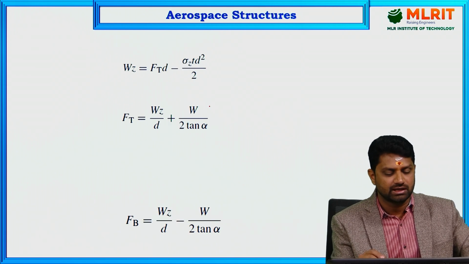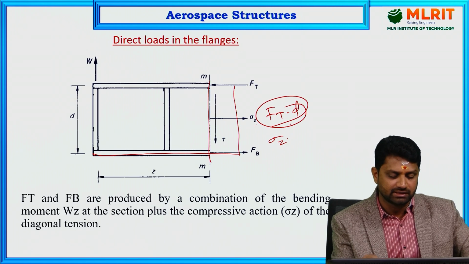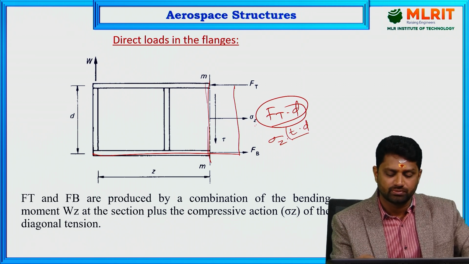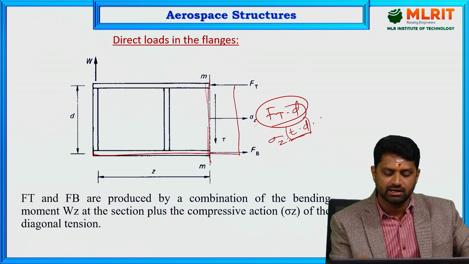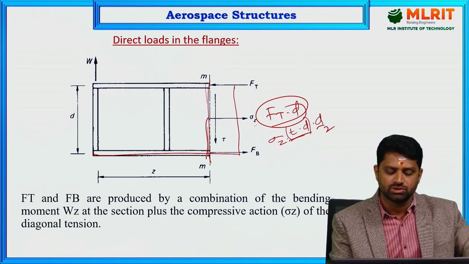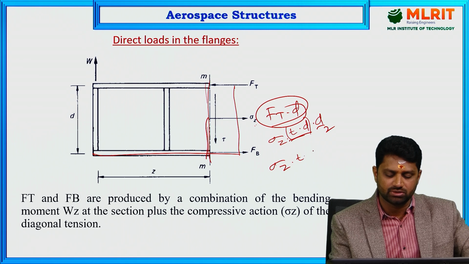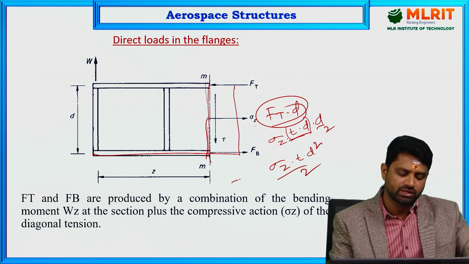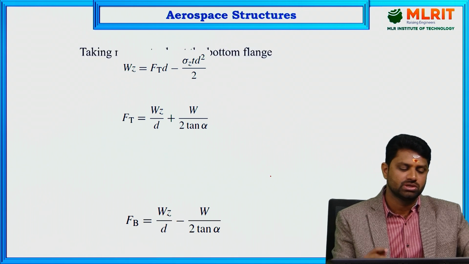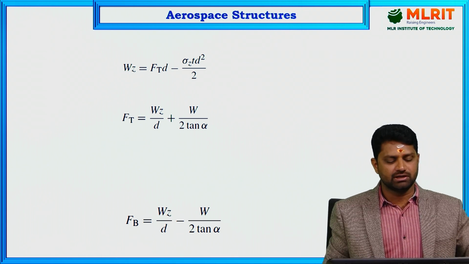So consider sigma Z, thickness T, and T into the depth D is the area, into the perpendicular distance D by 2. So you can write it as sigma Z into T D square by 2. So Ft into D minus sigma Z into T into D square by 2 is the moment we considered about the bottom flange.